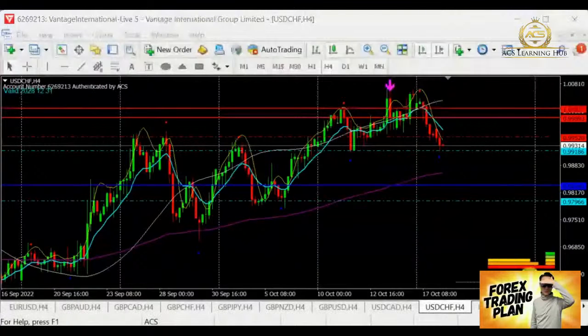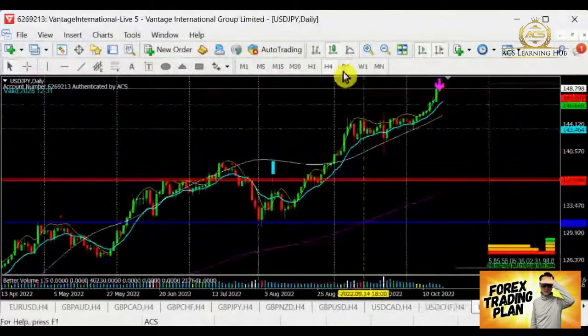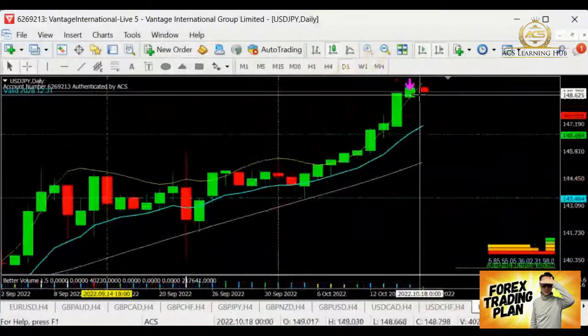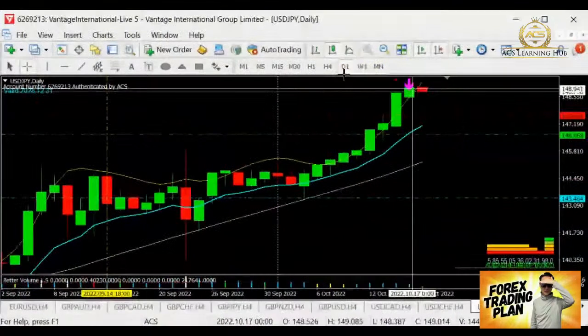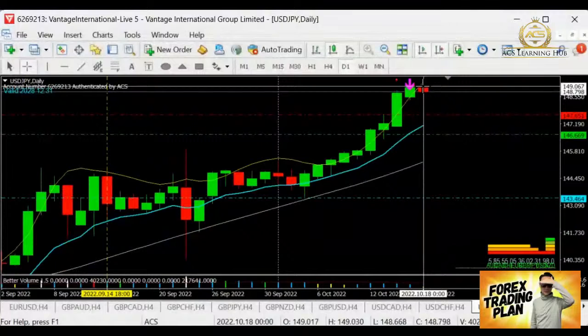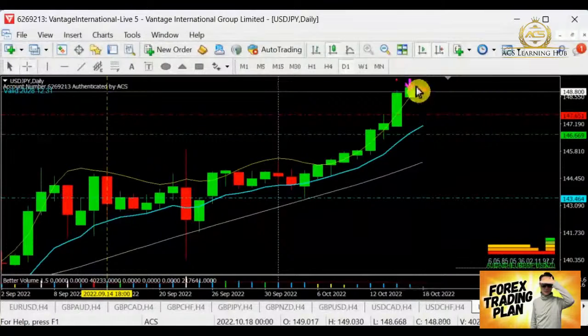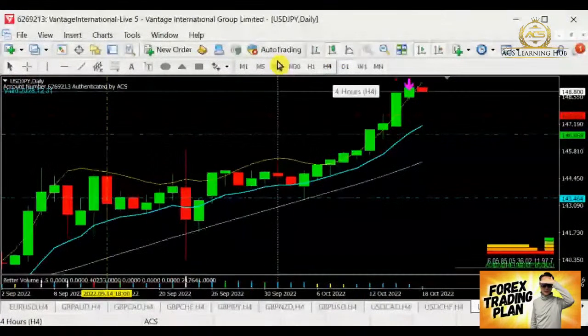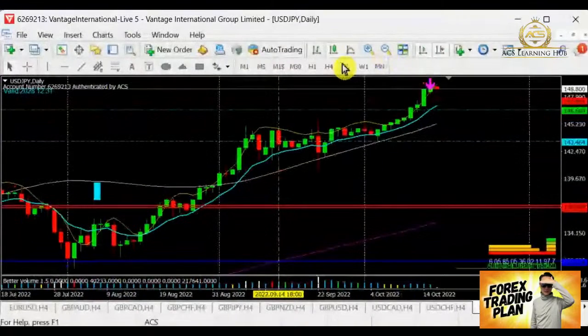So dollar yen. As for dollar yen, tentatively 148 today, 148 the highest as it goes. It was 149.030. Okay, so today may have a little pullback. Once again, like I said, with dollar yen I'm always looking out for buying.